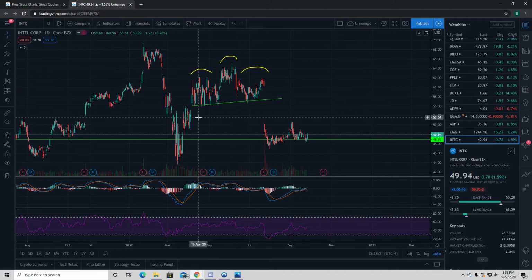So what we're looking at here is it came up, made a high, made a higher high, made a lower high here. This was actually the day before their earnings. So as I mentioned previously, you can set a play here and then have a stop loss just above the shoulder.